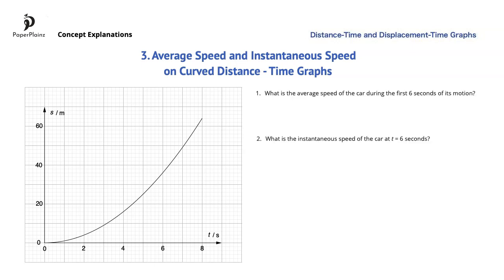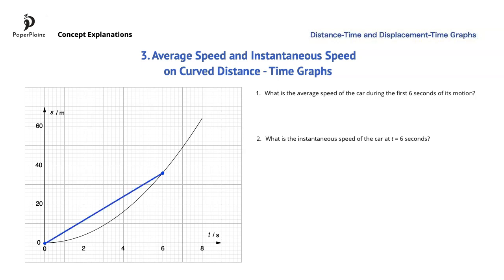In the first question, we are looking for the average speed of the car during the first 6 seconds of its motion. In other words, we are trying to find the average speed between this point and this point. We have seen that the gradient of a distance-time graph gives us the speed. So to find the average speed between these 2 points, we have to find the gradient of the line connecting them.